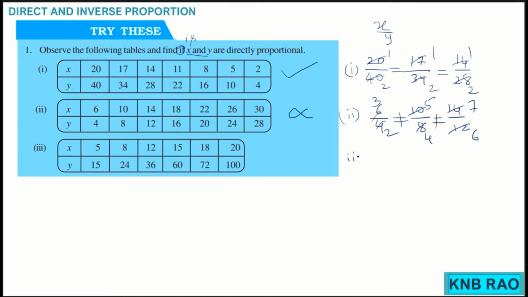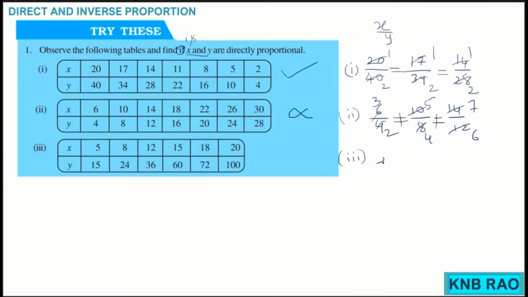In the case of question number three, 5 upon 15, 8 upon 24, 12 upon 36, 15 upon 60, 18 upon 72, and 20 upon 100.